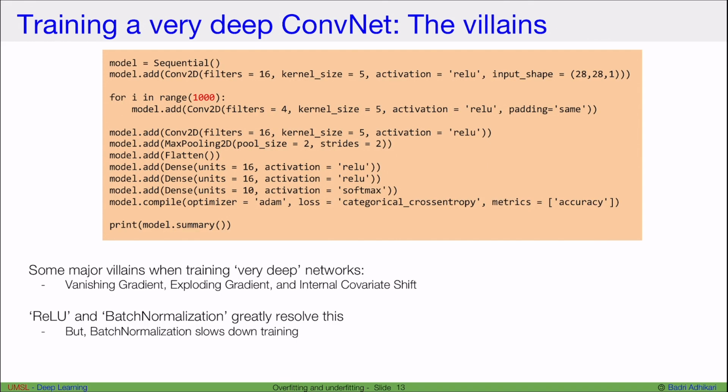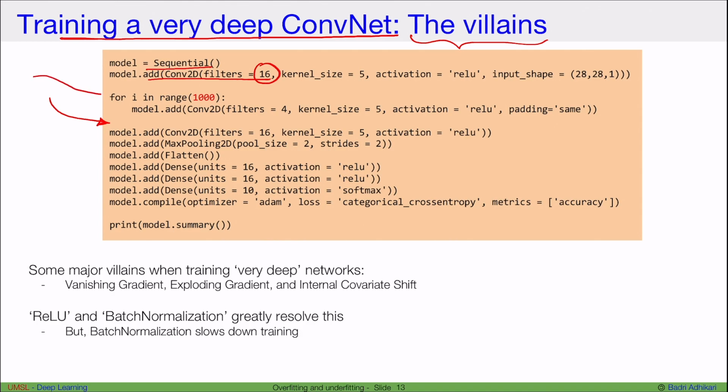So to summarize, when we want to train a very deep convolutional neural network, what are the villains, right? Say we start with an example. Let's say we want to create a convolutional neural network model that's very, very deep. We start with model sequential and add one conv2d layer with 16 filters.